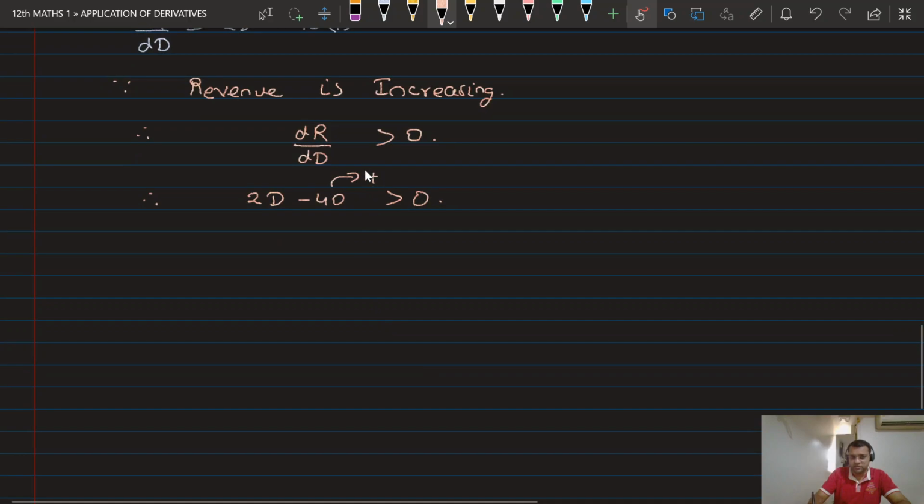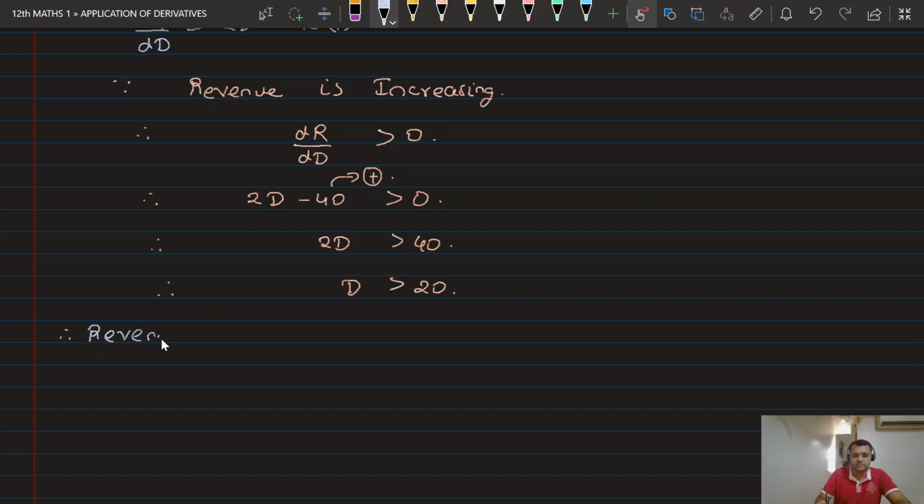Take this 40 on the opposite side, it will get positive. So 2D is greater than 40, and therefore I can say that D is greater than 20. So we will have to write our final answer by saying it like this. Therefore, revenue is increasing for all D greater than 20.